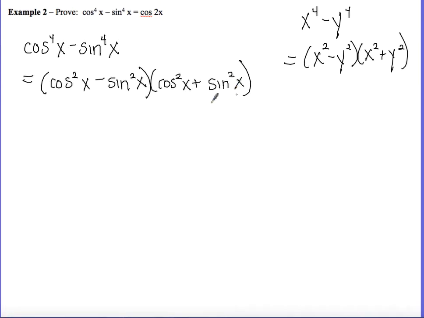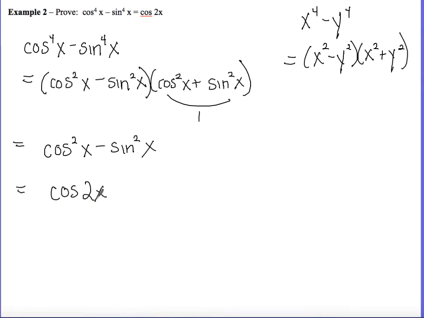Look at that, cosine squared plus sine squared, magic. That's equal to 1 right there. And so if that's times 1, what does that leave us with? That leaves me with cosine squared minus sine squared. And lo and behold, this is your identity from the first sheet of your notes. So cosine squared minus sine squared is equal to the cosine of 2x, which is exactly what you were trying to prove.